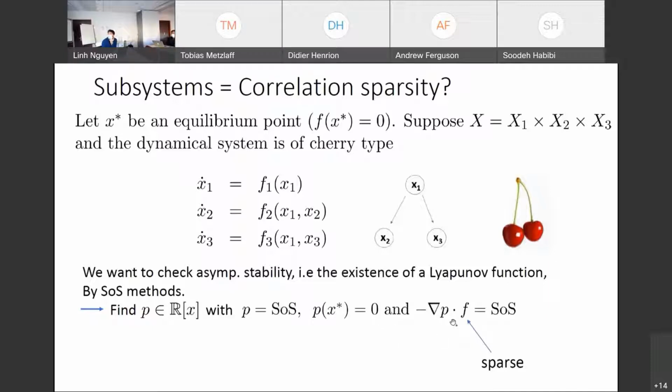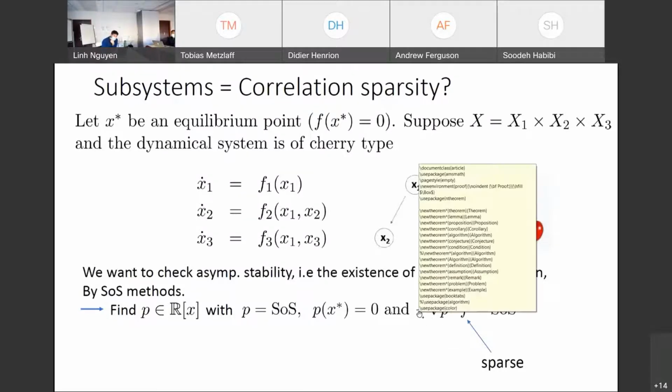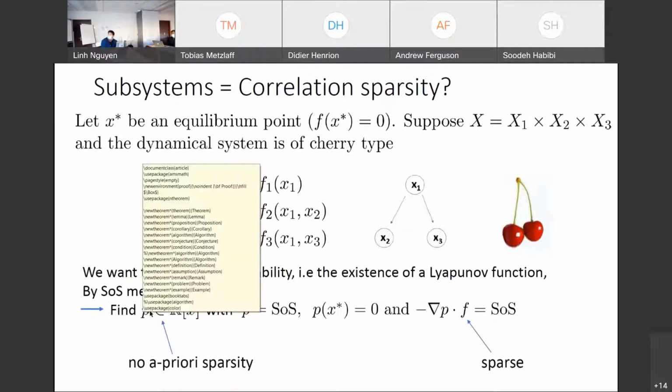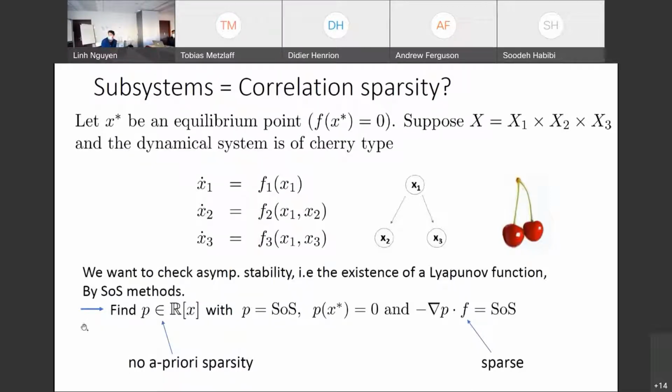So the gradient times f should be negative. So if we take minus that thing, it should be a sum of squares as well. And if we look at this problem now, we see that there is sparse structure in F, but it's not a priori clear that we can also assume sparse structure in P. Because for now, it just looks like this polynomial can be any polynomial. It does not necessarily have to be sparse.